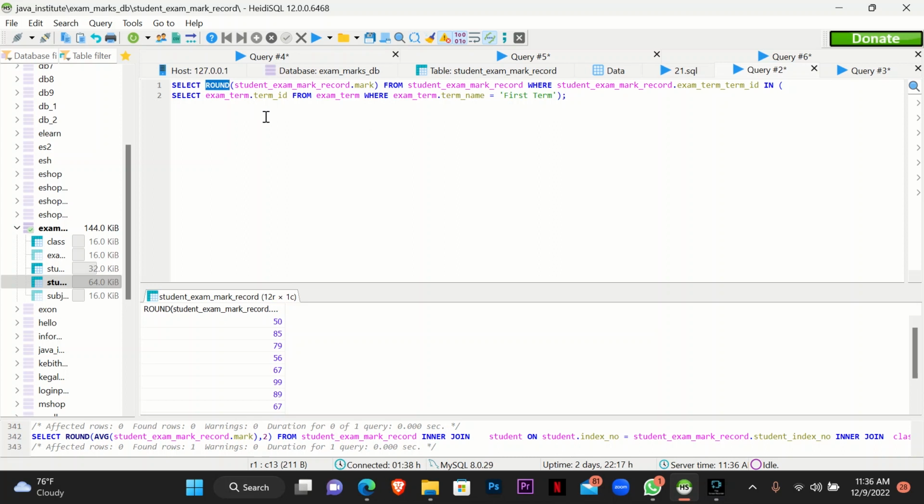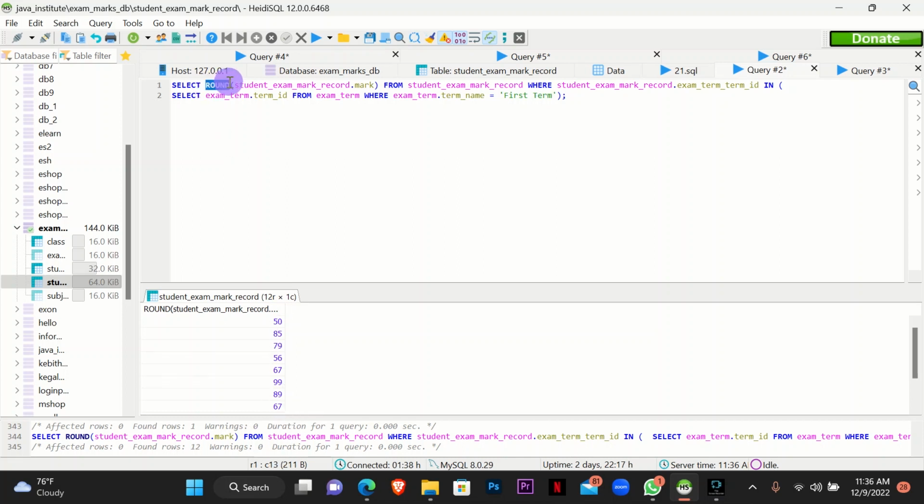As you can see, I have used the round function here. I have rounded the mark column from the exam record table, and I have checked whether the term name is first term. Then when I execute the query, you can get the answer.